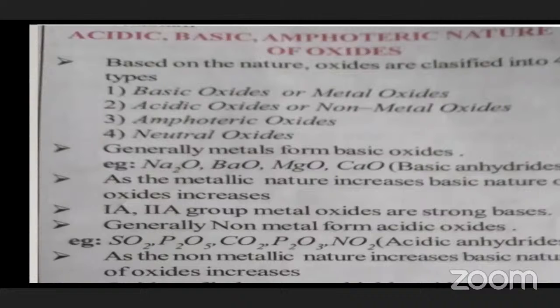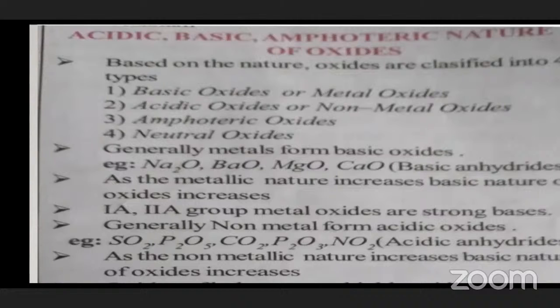That means, when basic oxides dissolve in water, they form bases. When acidic oxides dissolve in water, they form acids. This is the general phenomenon of the acidic and basic nature of oxides.